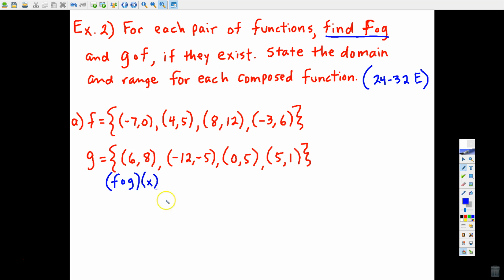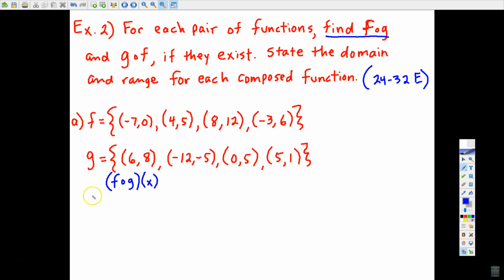Okay, what this means is, remember, you always start with evaluating the function closest to the number, or in this case, the variable that represents a number. So here is my evaluation. Now, this isn't an equation that we're given or a literal function. We're actually given the inputs and outputs as ordered pairs.